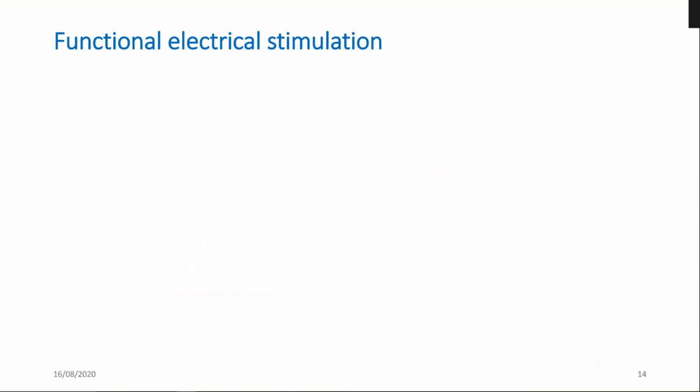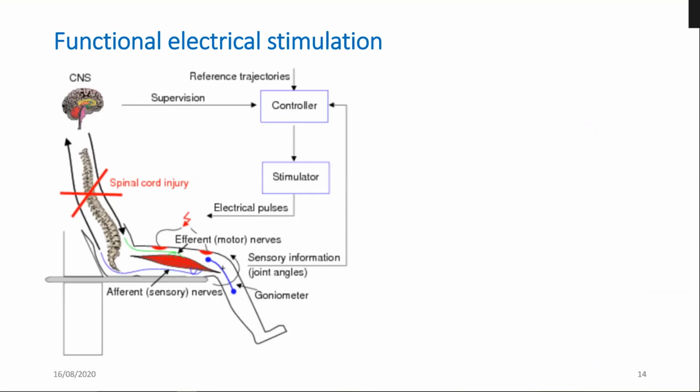Okay, now let's have a look into functional electrical stimulation. Consider a person who has got a spinal cord injury, but the brain is intact. That means every time I want to walk through the street, in my subconscious mind I am sending some signal to my leg, to the muscles, through my spine to go somewhere.